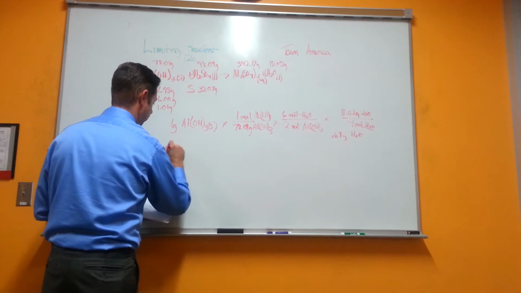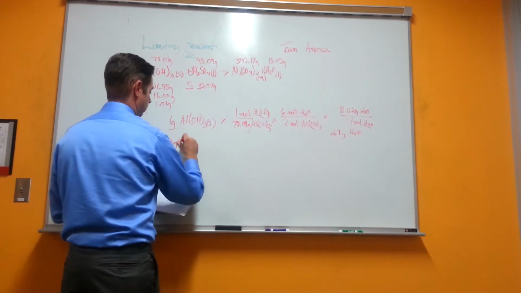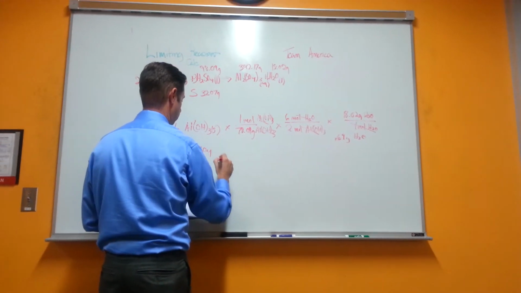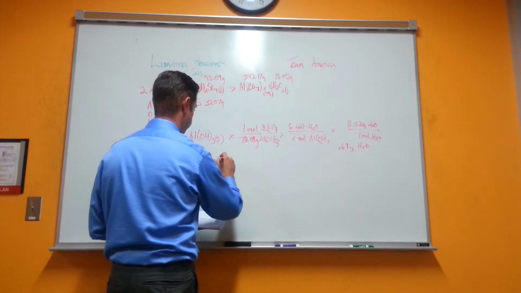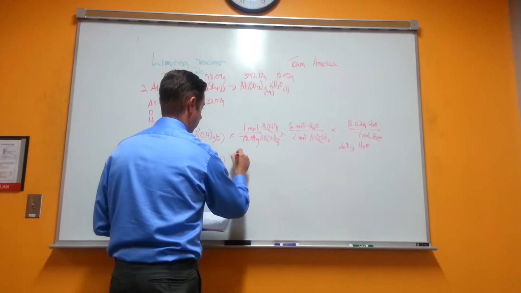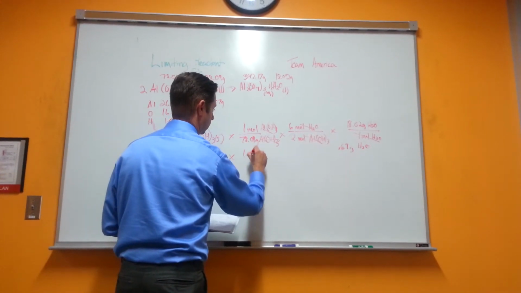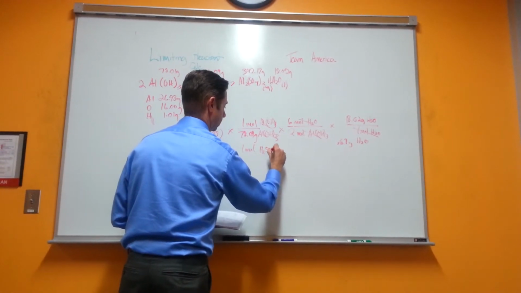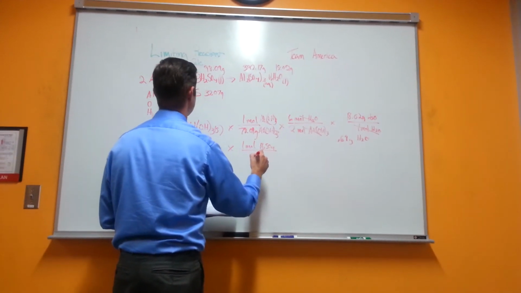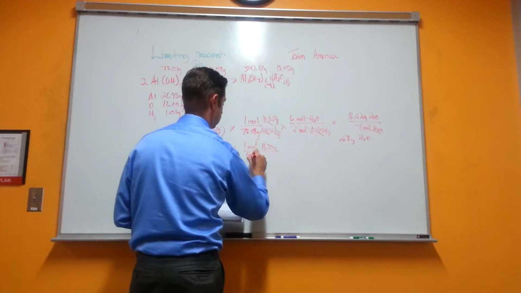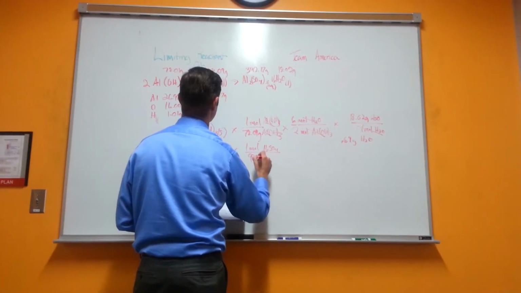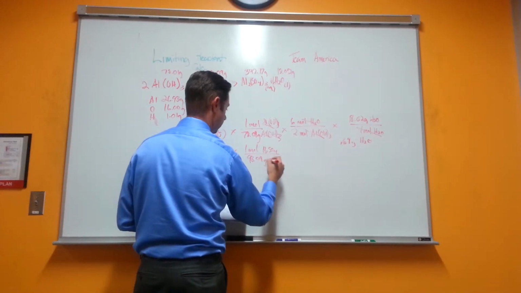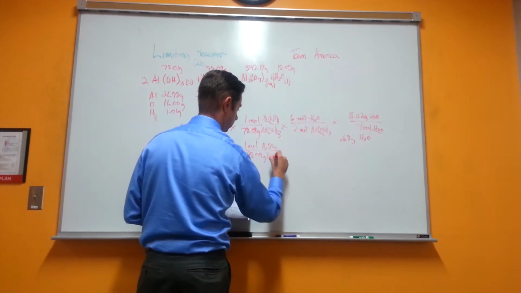So now let's look at the 3 grams of sulfuric acid. We're going to take it through the same process. So we're going to say 1 mole of sulfuric acid converts into 98.09 grams of sulfuric acid.